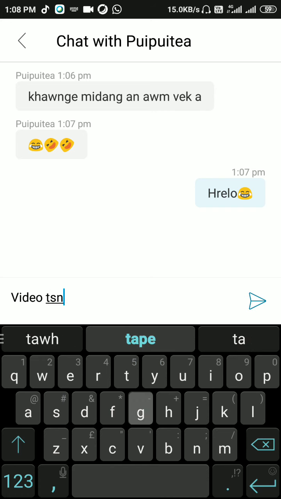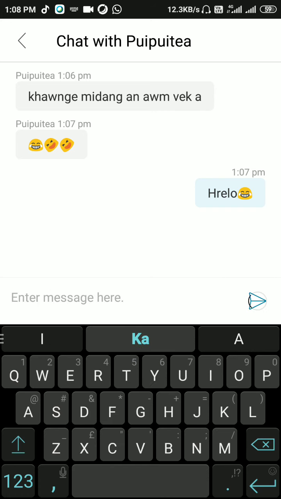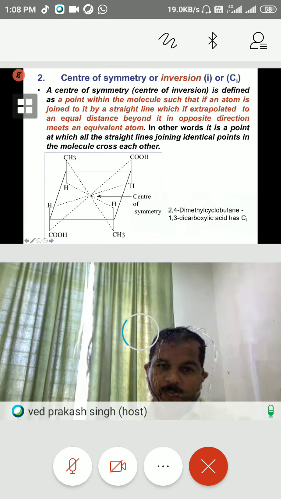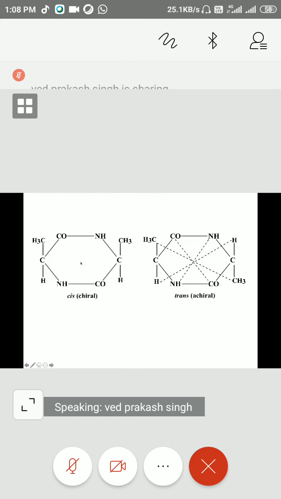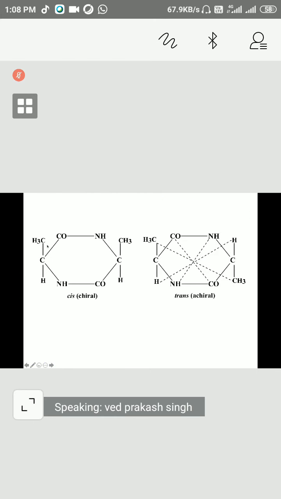This is an example: cis is chiral and trans is achiral. How is cis chiral? This is the cis molecule. So this is the center point. If you start from here, on this side you will get CH3, on this side you will get hydrogen. On the rest of the sides you will get exactly the same atom.